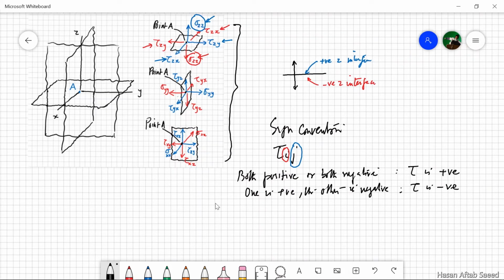In the form of an array, the stress is expressed in the x, y, z coordinate system as a matrix.